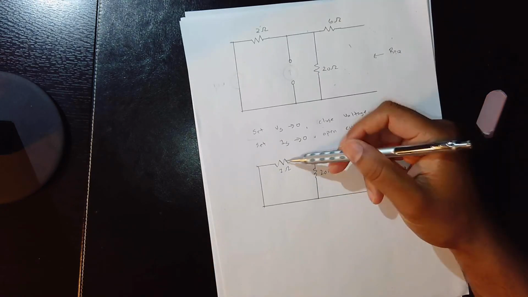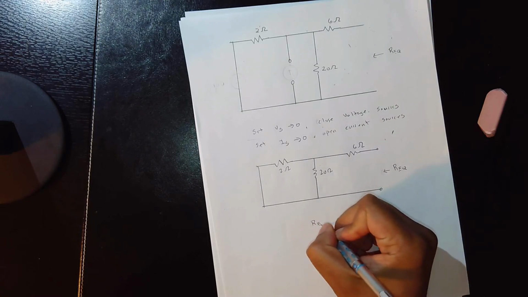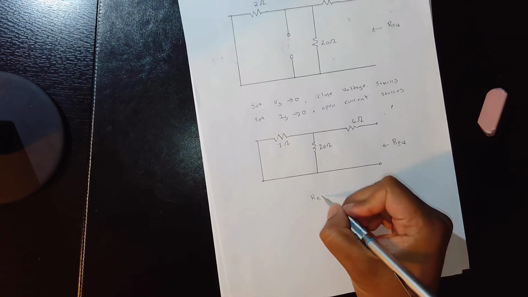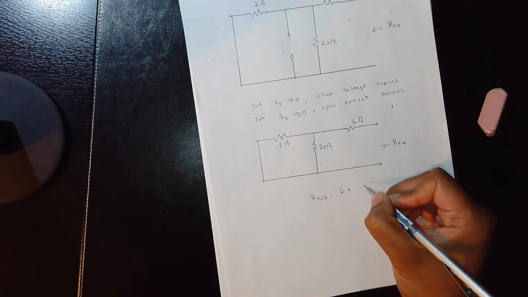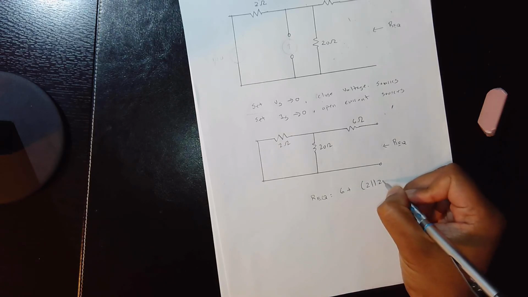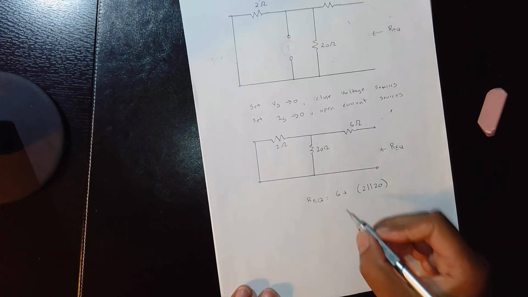In short, these two are in parallel, and this is in series. So our R equivalent here is equal to 6 plus 2 parallel with 20. When you have that, we should know how to solve equivalent at this point.